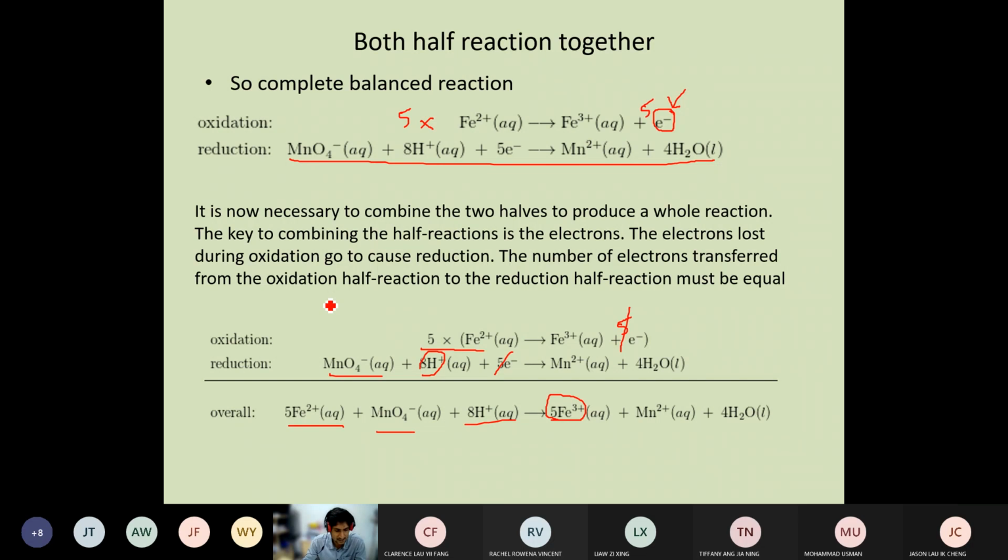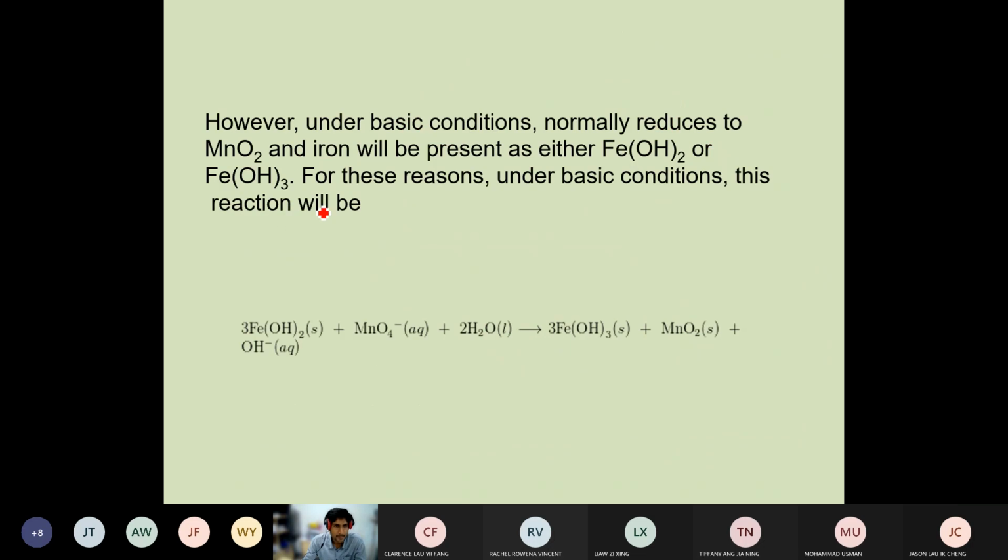So if you are asked to show the reaction in the acidic medium, you will have to do it this way. In basic condition, or in alkali medium, the reaction mostly involves hydroxyl, because a base gives hydroxyl ion.